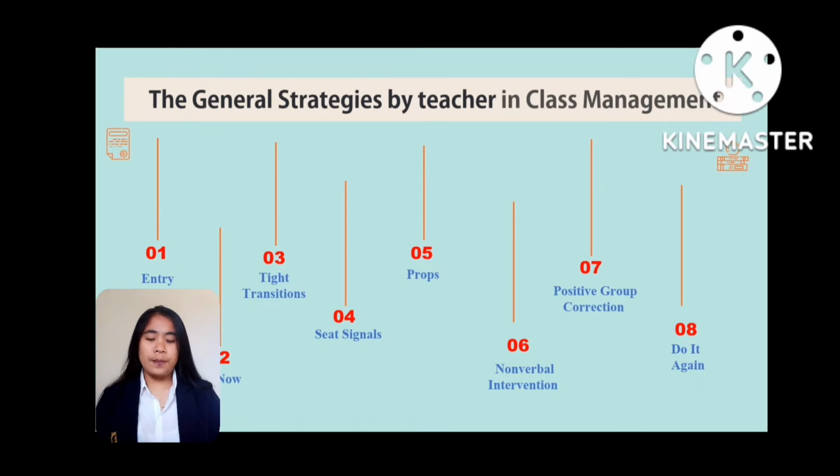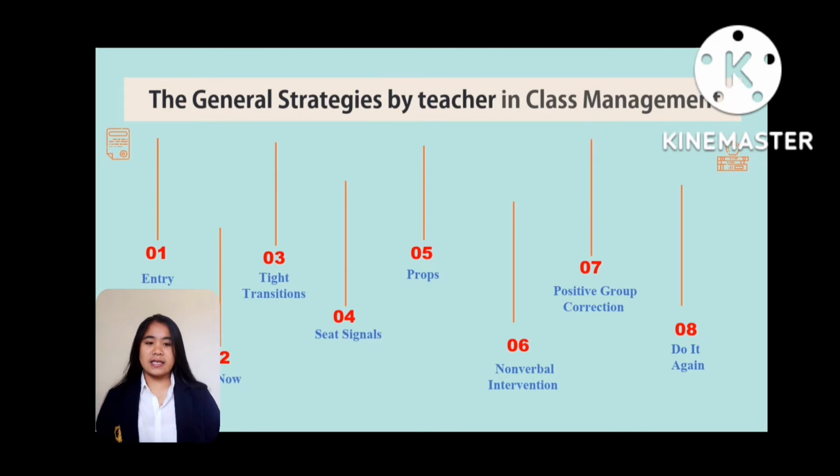Fifth is praise. It is the act of publicly recognizing and praising students who have done something good, such as answering a difficult question or helping a peer. Sixth, nonverbal intervention, is when the teacher establishes eye contact or makes a gesture that lets students know they are off task, not paying attention, or misbehaving.